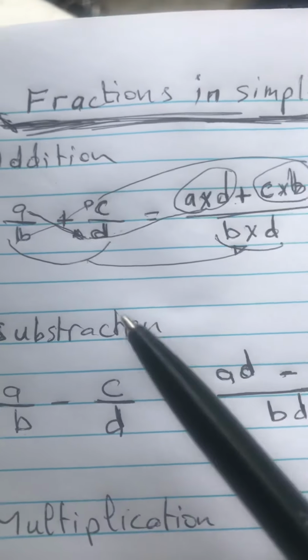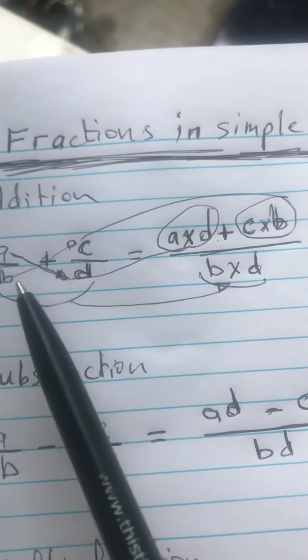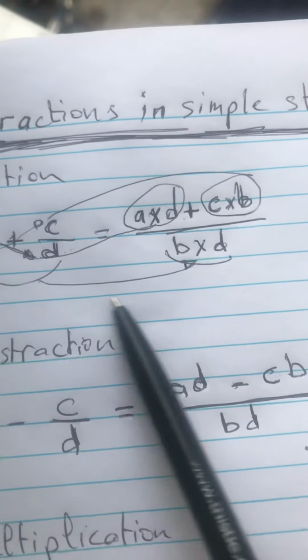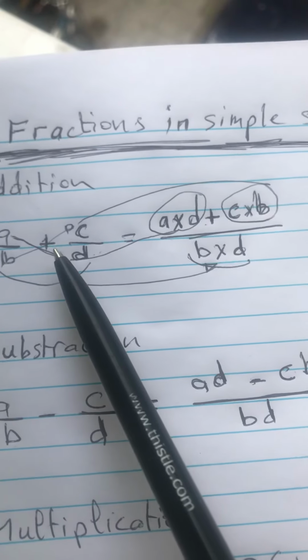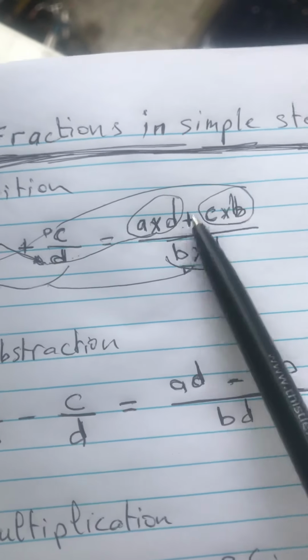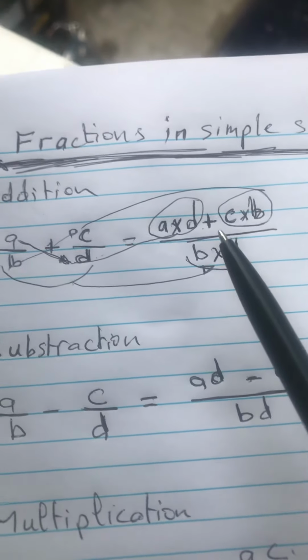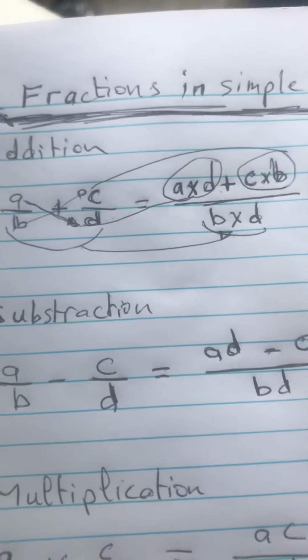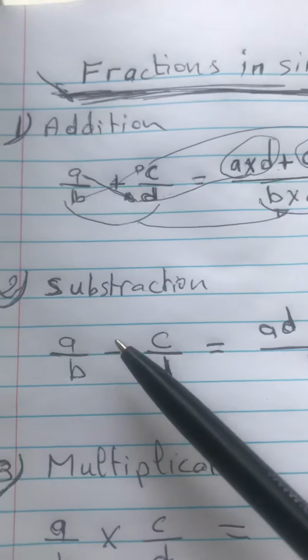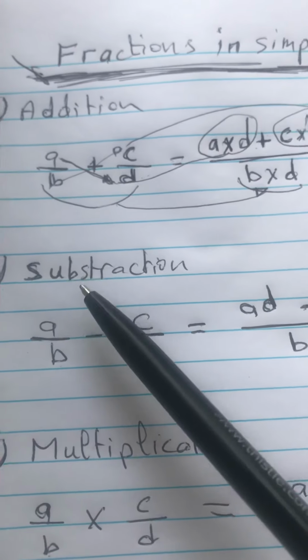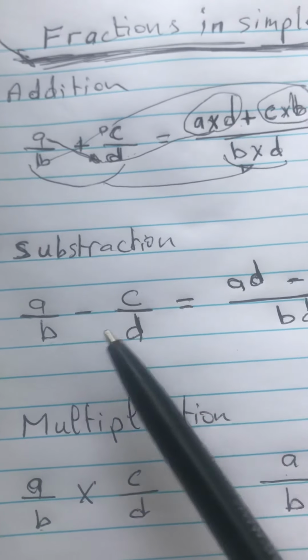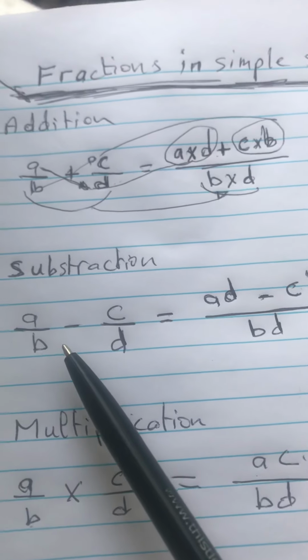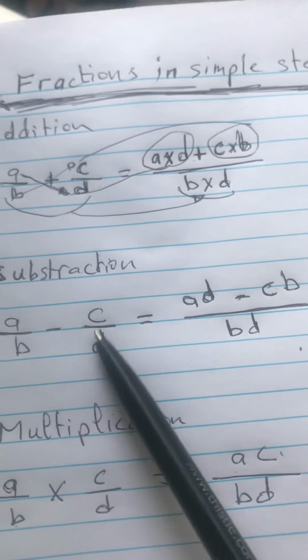Then go and learn addition. Addition, as I explained in the beginning, remember, plus, plus, keep plus. Once you master the addition with some examples, then finally practice on the subtraction. Subtraction is exactly the same thing as addition.